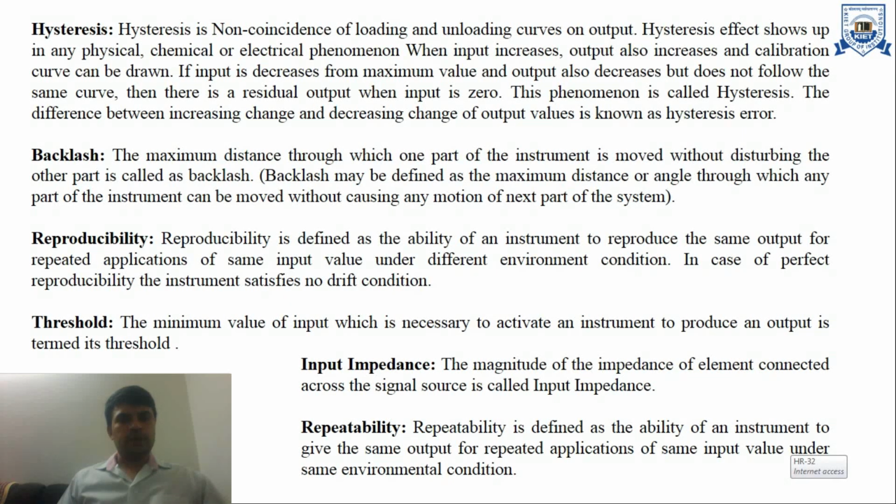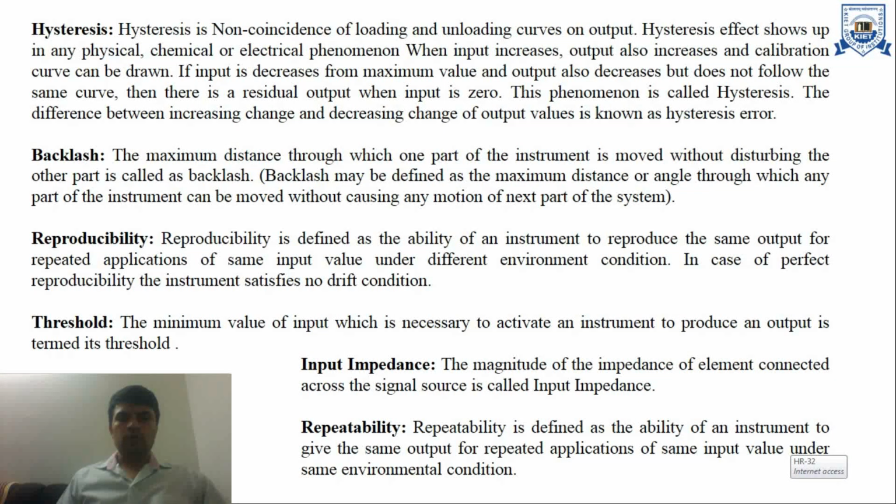If the input decreases from the maximum value, output also decreases but does not follow the same curve, and there is a residual output when input is 0. This phenomenon is called hysteresis. The difference between the increasing change and decreasing change of the output value is known as hysteresis error.